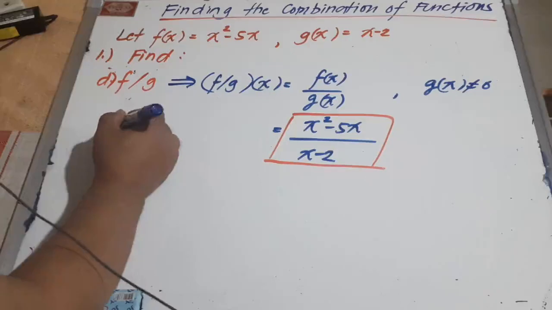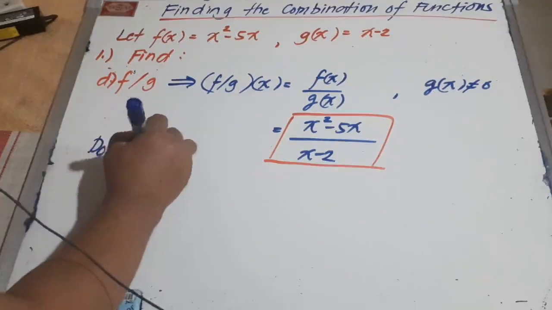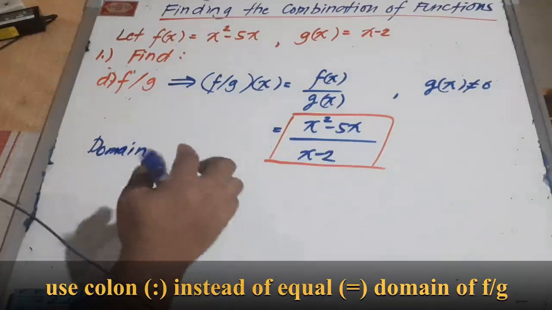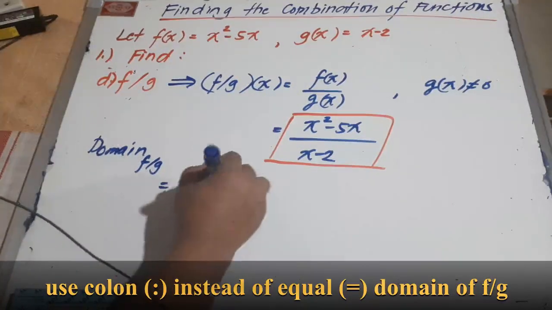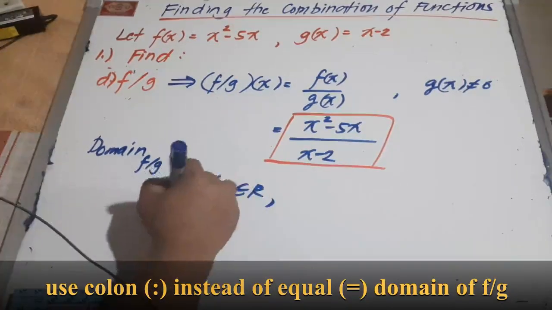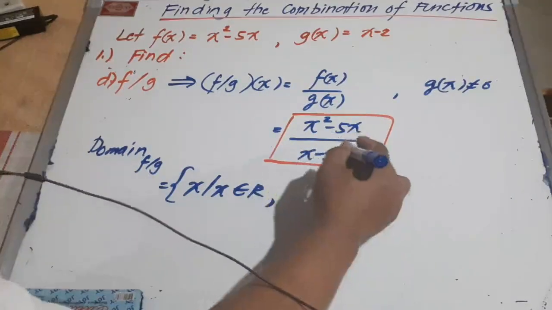But still, the domain of this function or resulting function is all reals. Okay? So therefore, the domain of f divided by g is x such that x is an element of real number, but the denominator should not be equal to 0.